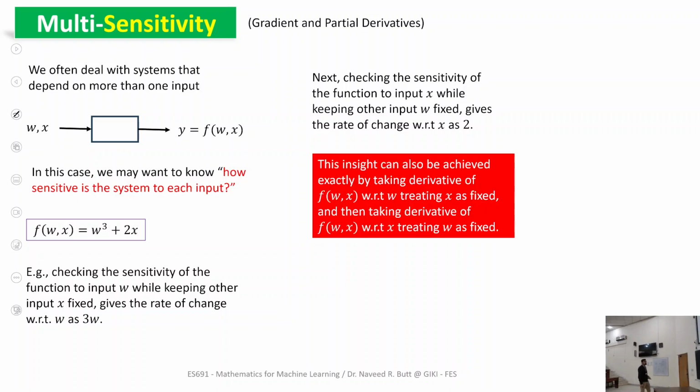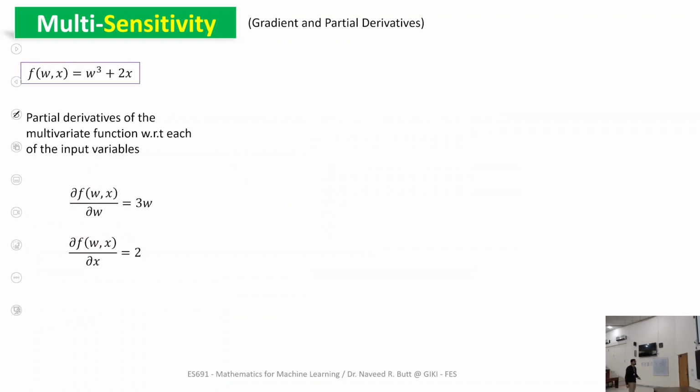Now this insight can also be achieved exactly by taking the derivative of f(w, x) with respect to w, treating x as a constant, and then taking the derivative with respect to x, treating w as a fixed constant, and this we call partial derivative. Naturally they come up, the partial derivatives. So for this case the two partial derivatives are 3w and 2.